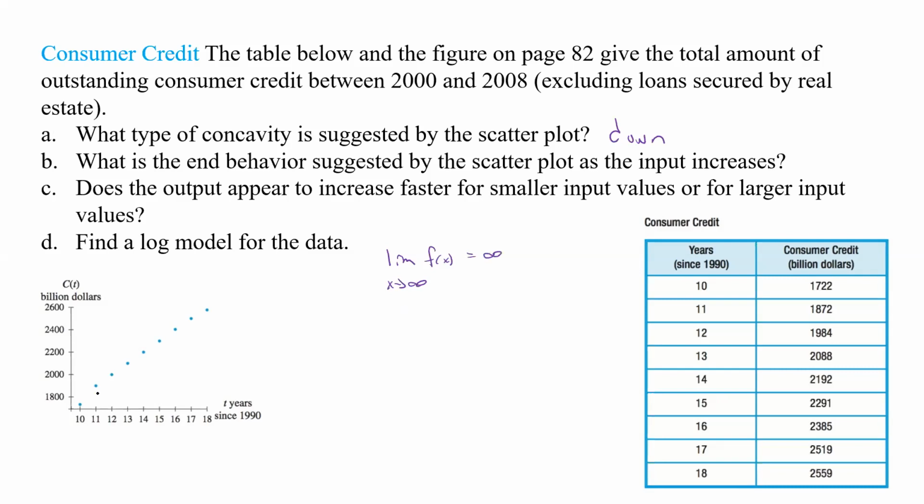And when we go this way, it looks like it's continuing to go down. And so the limit of f of x as x approaches 0 from the right is going to go to negative infinity, okay? So that's kind of our two end behaviors for this graph. We have one going one direction and one going the other direction.